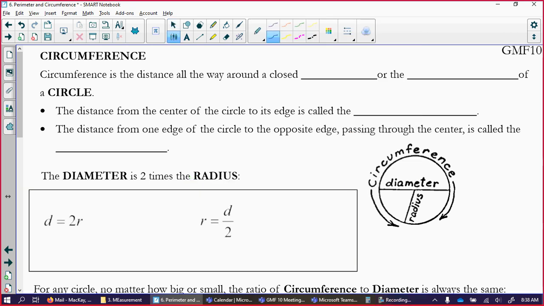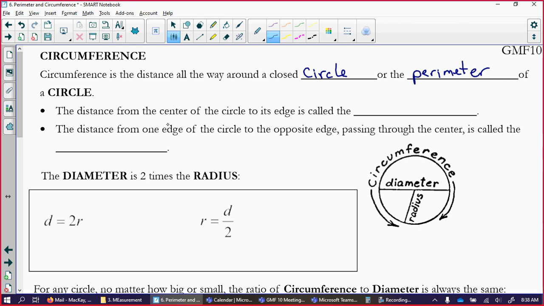Circumference is the distance around a closed shape. Essentially, circumference is the perimeter of a circle. Hopefully, these are terms you've heard before.